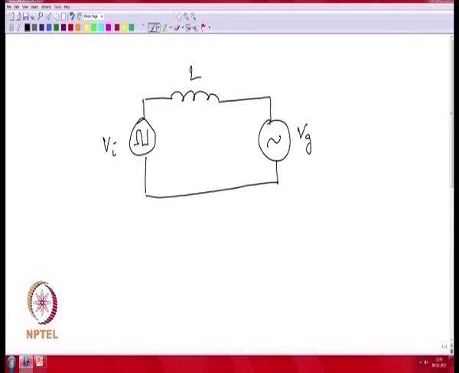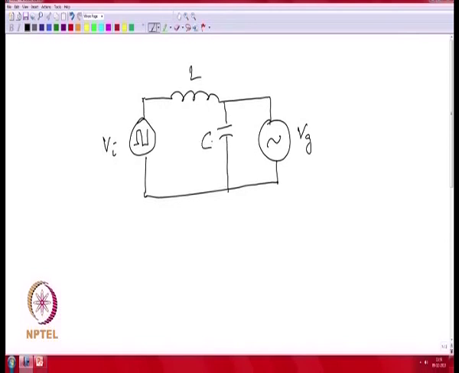The first question is where to place the C. You definitely could not place the C on the inverter side, because you have to switch from a voltage source to a current source. So, you cannot have the capacitor here. So, you could think about possibly connecting the capacitor here.